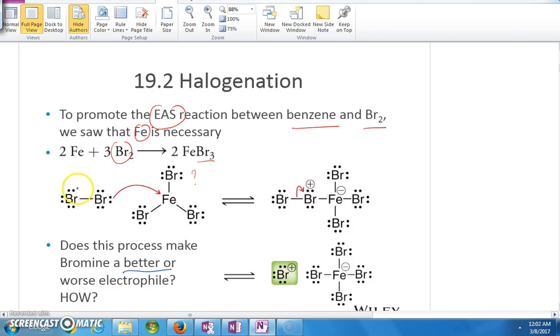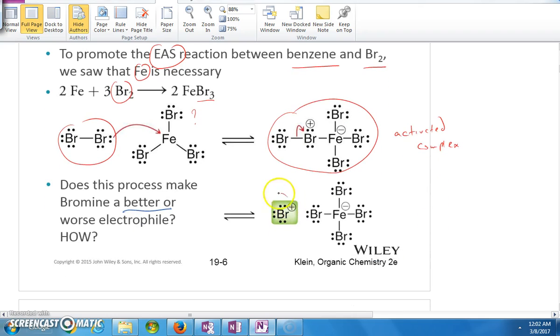And then in the presence of molecular bromine, this can react and give an activated complex, which disintegrates to give a bromonium, or the bromonium cation. This is your electrophile.